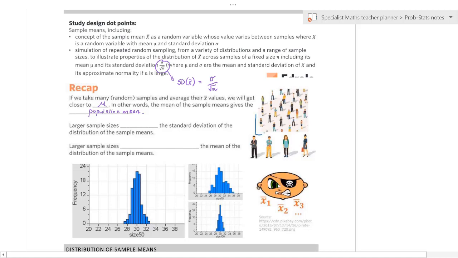Really need to drive this home. Large sample sizes reduce the standard deviation of the distribution of the sample means. Larger sample sizes do not change the mean of the distribution.